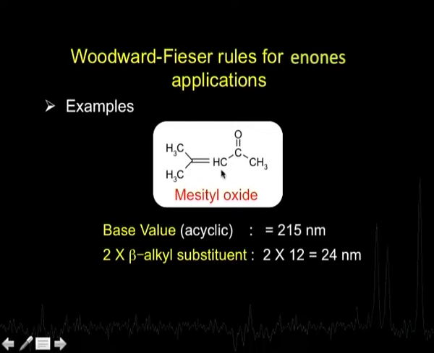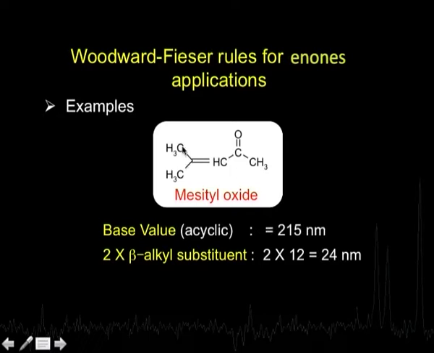So this is my alpha position, this is the beta position. If there is extension, we get gamma, delta, and so on. So we should be clear about the meaning of alpha, beta, gamma, delta, and so forth. They pertain to the carbon atoms starting from the carbon next to the carbonyl group. So this is my alpha position, this is my beta position.